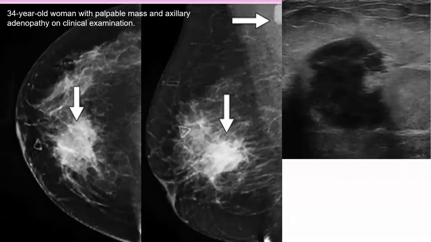Ultrasound shows a deeply hypoechoic mass with angular margin, not parallel to the skin, with specks of calcification inside the mass and moderate posterior acoustic shadowing and perilesional edema.